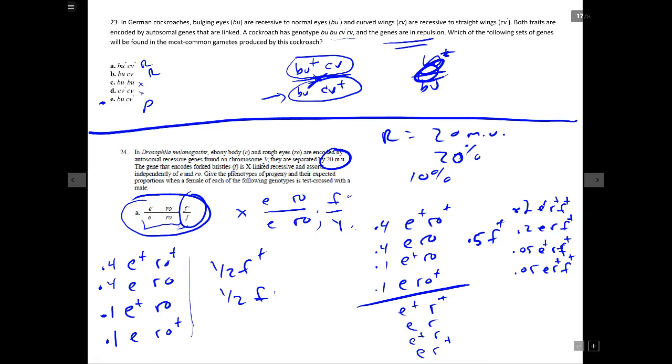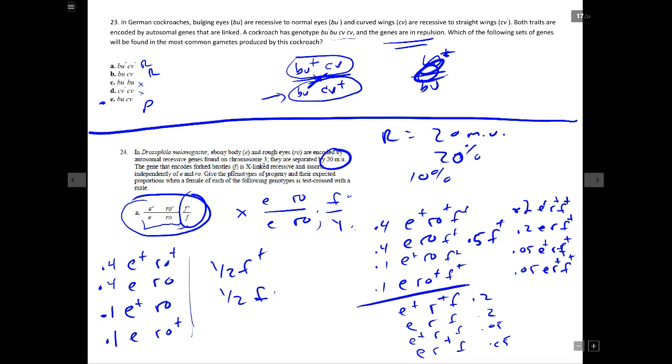And then all these guys were also F plus. All these guys are going to be F. But we'll get the same frequencies. 0.2, 0.2, 0.05, 0.05. If we add all those up, 0.2, 0.2, 0.2, and 0.2 is 0.8. And 0.05 and 0.05 and 0.05 and 0.05 is 0.2. So it all adds up to 1, which is 100%.